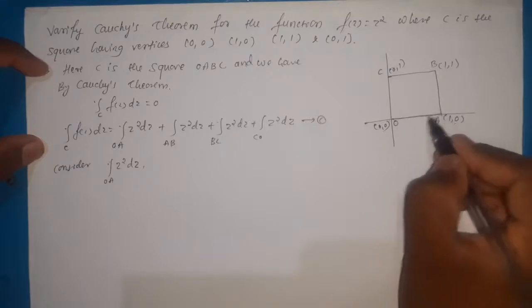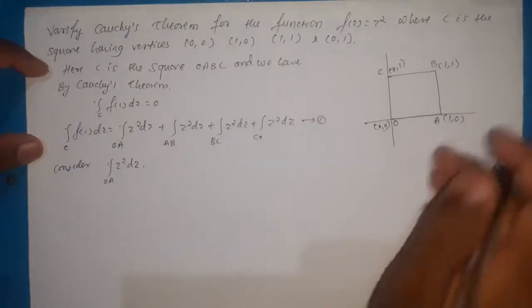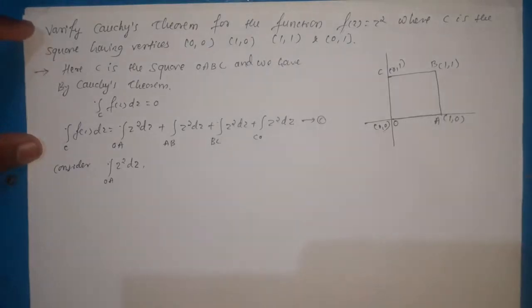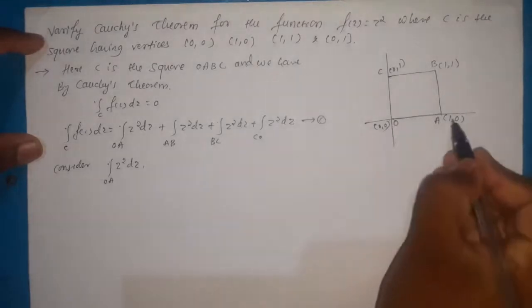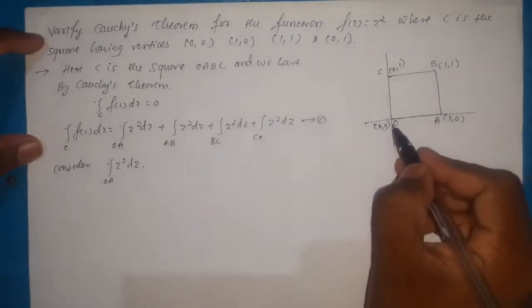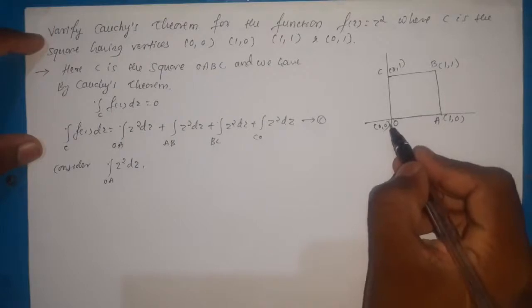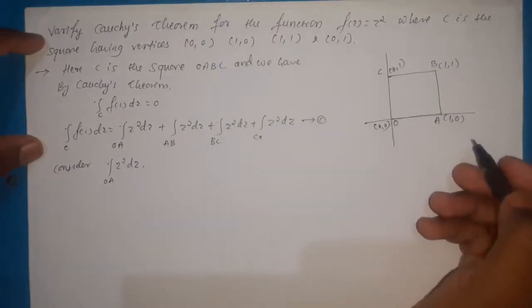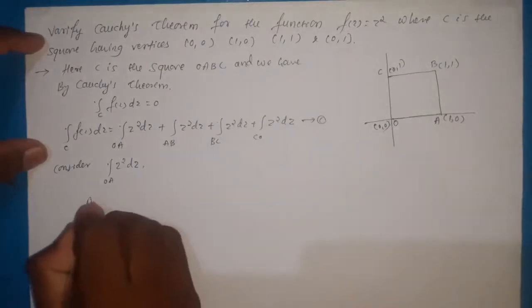OA is nothing but the x axis only, and we know that on the x axis the value of y is equal to 0 and x varies from 0 to 1. So to integrate we need to consider the limits of x from 0 to 1 and y equal to 0.